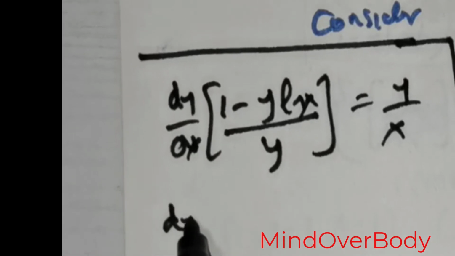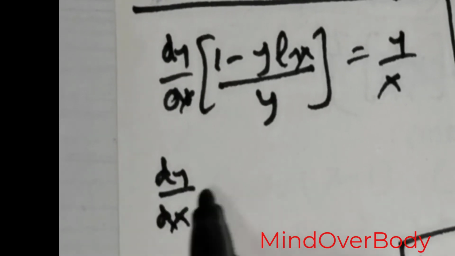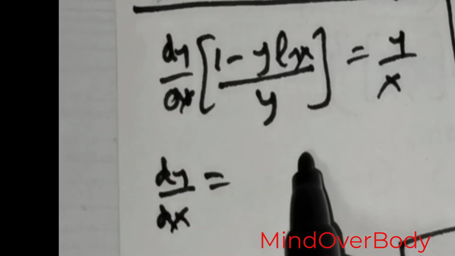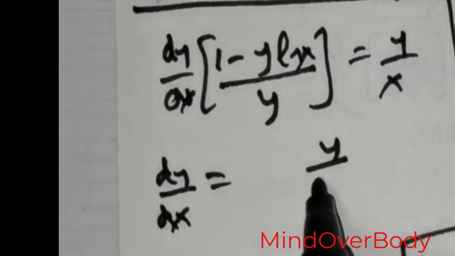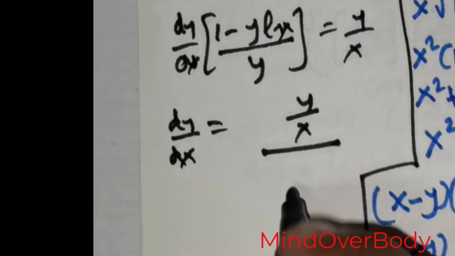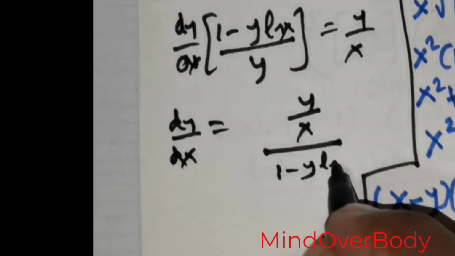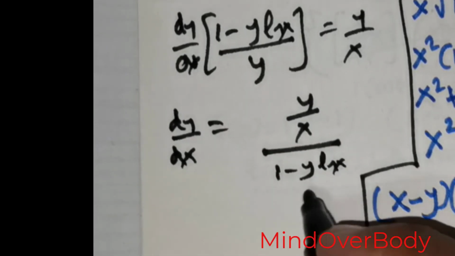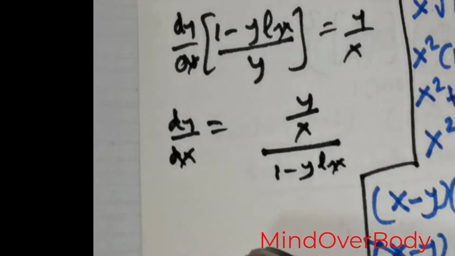So this can be further rewritten as dy over dx is equal to, in fact I can push this down, y over x divided by (1 negative y ln x) divided by y. Now I can flip that y up.